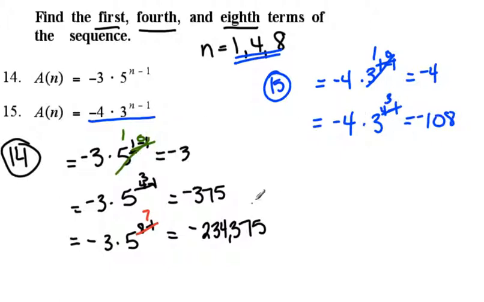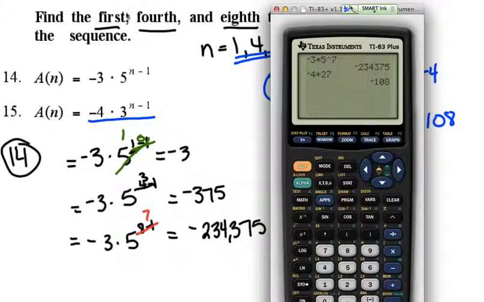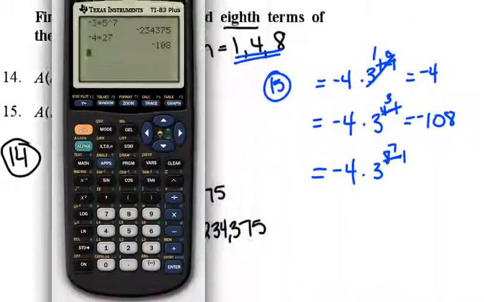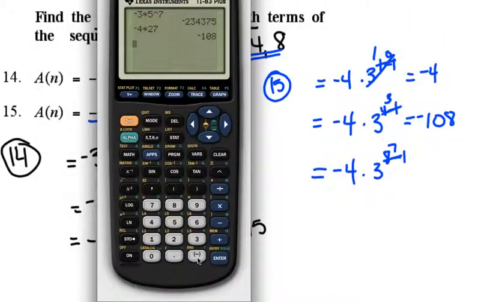And then finally, for the 8th term, we have negative 4 times 3 to the 8 minus 1. 8 minus 1 is 7. Using our friendly, helpful calculator, we have negative 4 times 3 raised to the 7th.